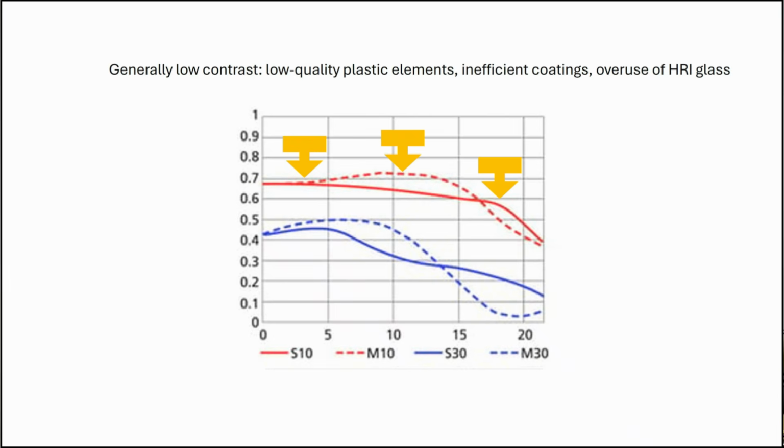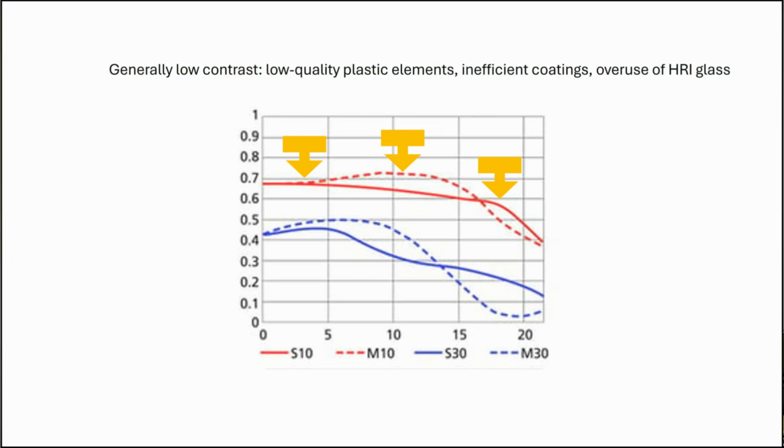This is typical of slightly older lenses. The chart you see on the screen now is made for the Nikon 50mm f1.4D, which is a 30-year-old lens, and it's quite representative of lenses made in the 1980s and 1990s.